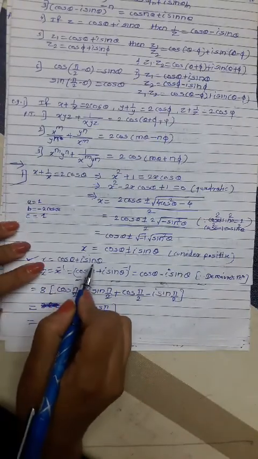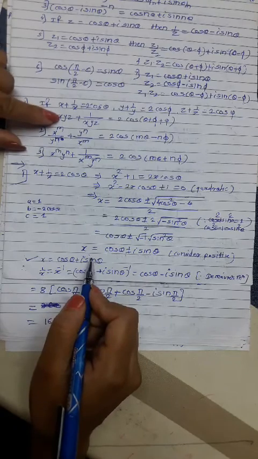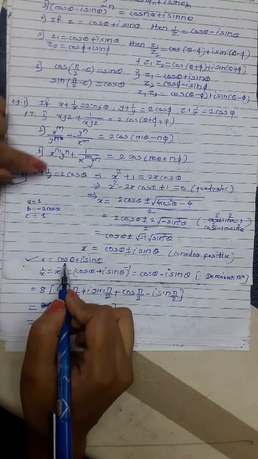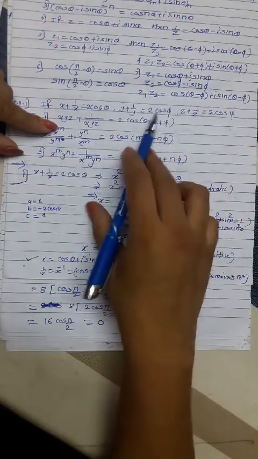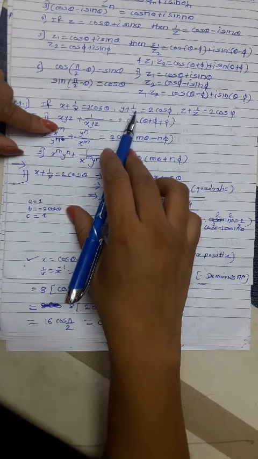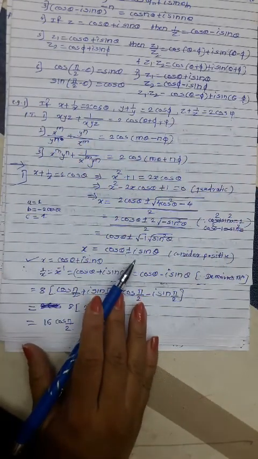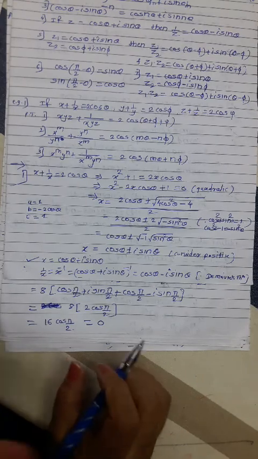x is cos theta plus i sin theta. Now consider the question x into y into z. We just found x by this equation. Similarly, these two equations are similar to the one for x. Therefore we don't need to expand these two equations for y and z, as we just expanded for x. Just write it similarly.